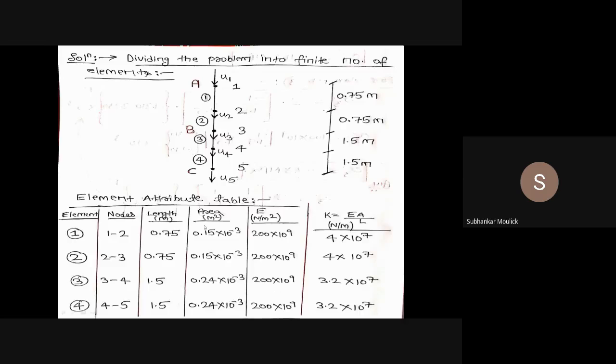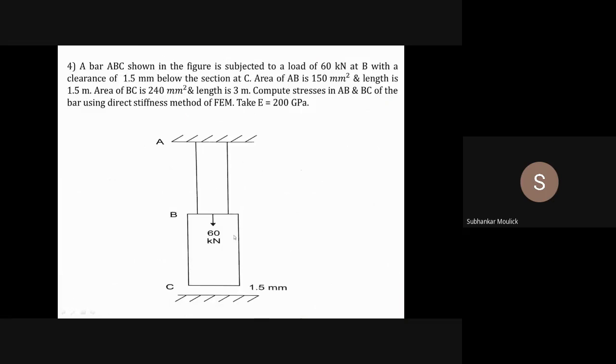So I have divided the entire geometry into 4 finite elements having nodes 1, 2, 3, 4, 5. Let us assume that due to this 60 kilonewton downward vertical force, each node will deflect or displace.